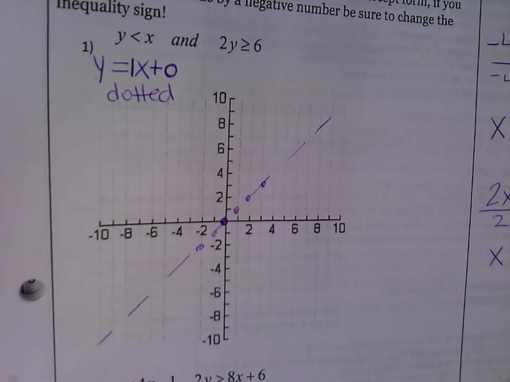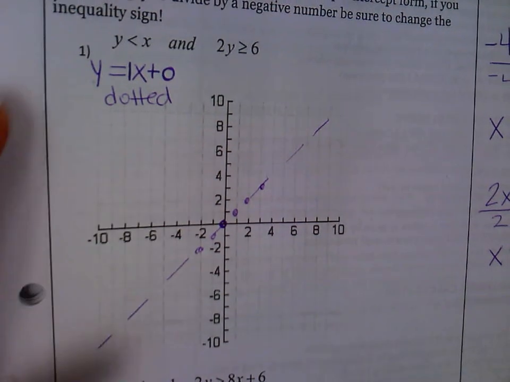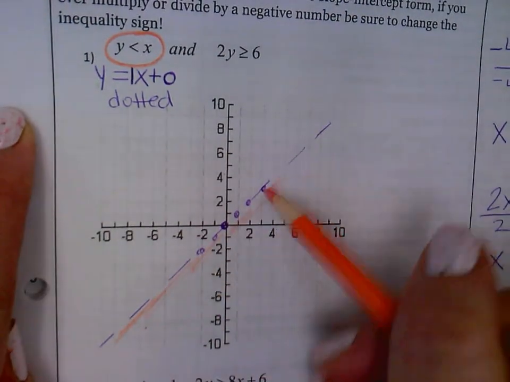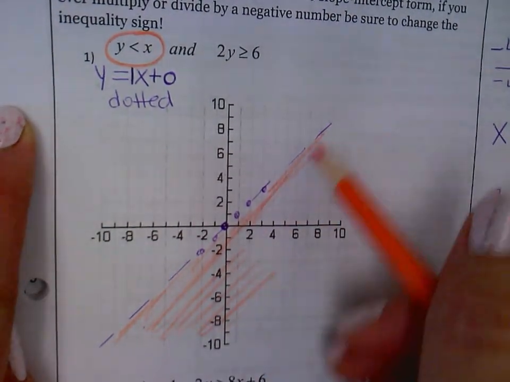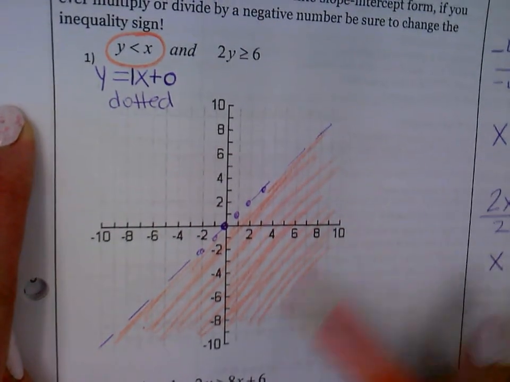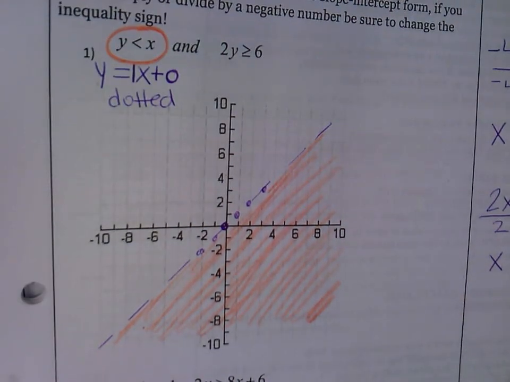X is bigger. This says y is smaller than the function. So where are my y values smaller? Down here on the y-axis. I'm just going to circle this inequality in orange just so I can show that this one is shading down here in orange. Don't shade it too dark because you're going to have to graph another line on your same set of axes here.